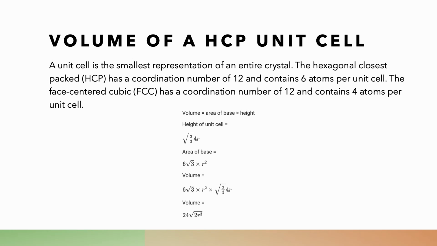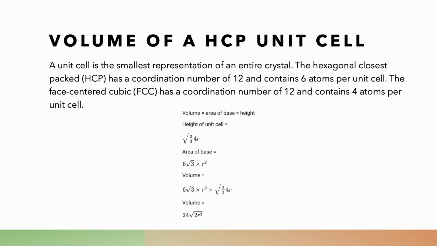Volume of an HCP unit cell. The volume of the hexagonal unit cell is the product of the area of the base and the height of the cell. For a closest packed structure, the atoms at the corners of the base of the unit cell are in contact.